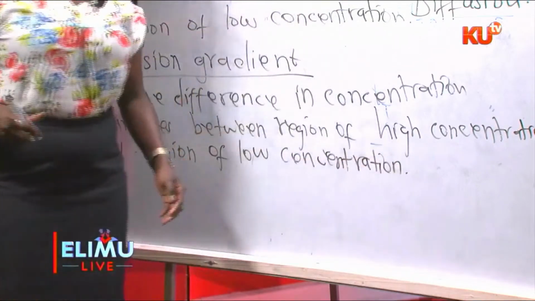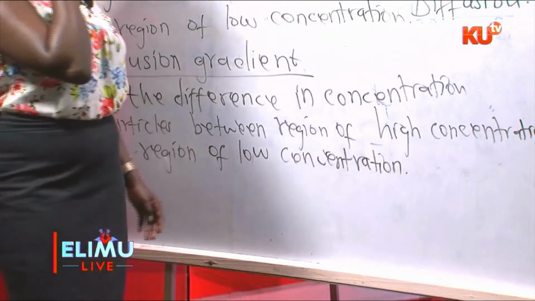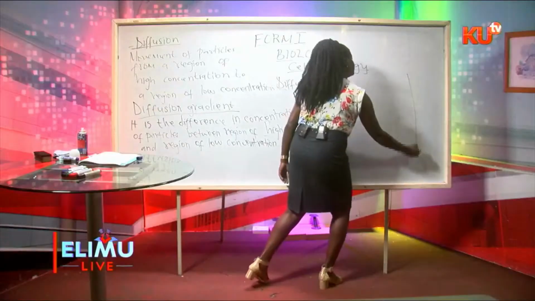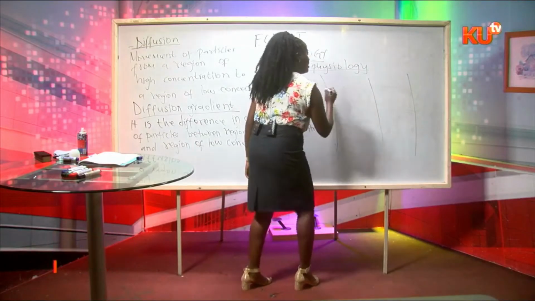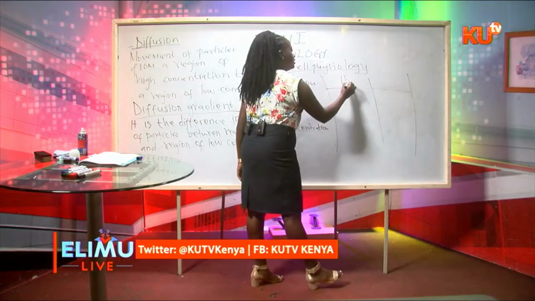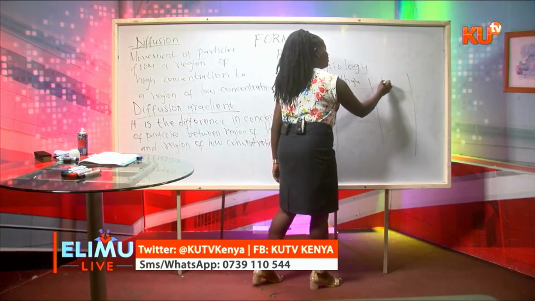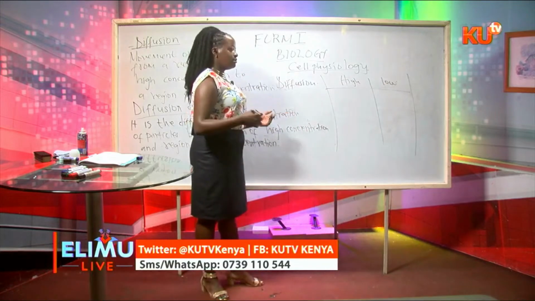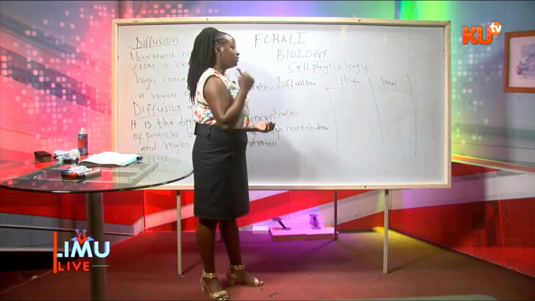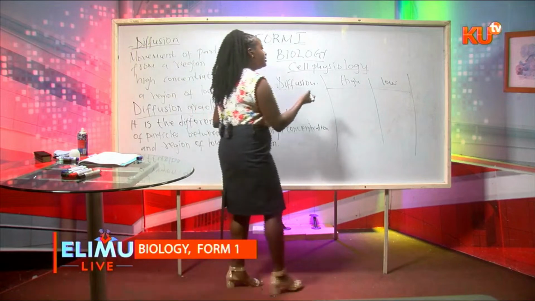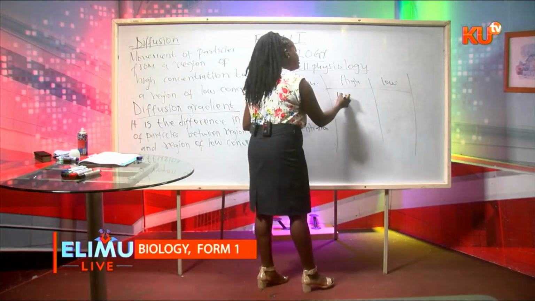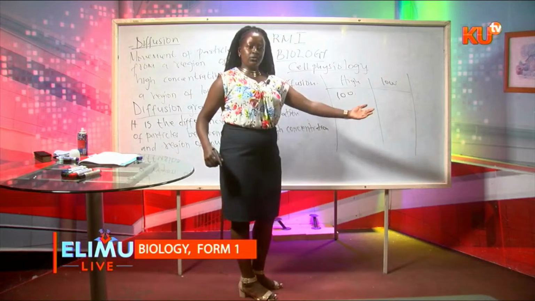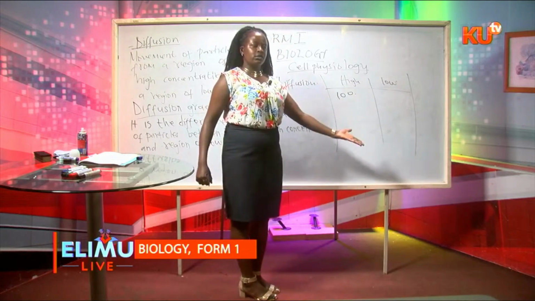We're going to demonstrate that using our board. If this is our region of high concentration, and we have our region of low concentration. Let's assume that the particles of snow in this region were 100, and they spread to the region of low concentration.